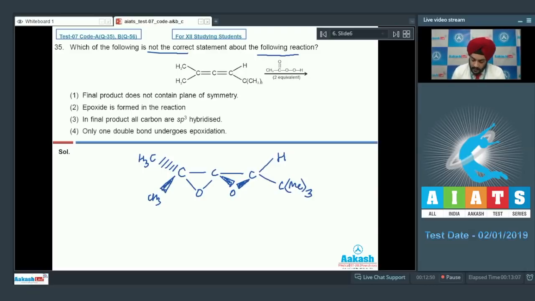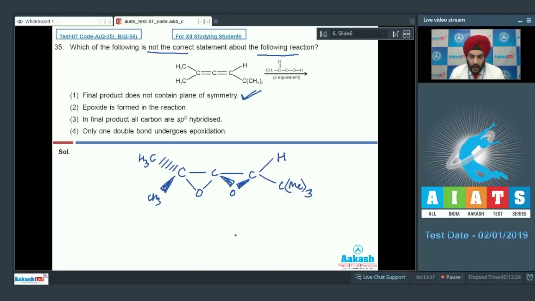Okay. So if you look at the options, the final product does not contain any plane of symmetry. Students, this statement is correct. It is not possible for this compound to have a plane of symmetry because of these epoxide rings.